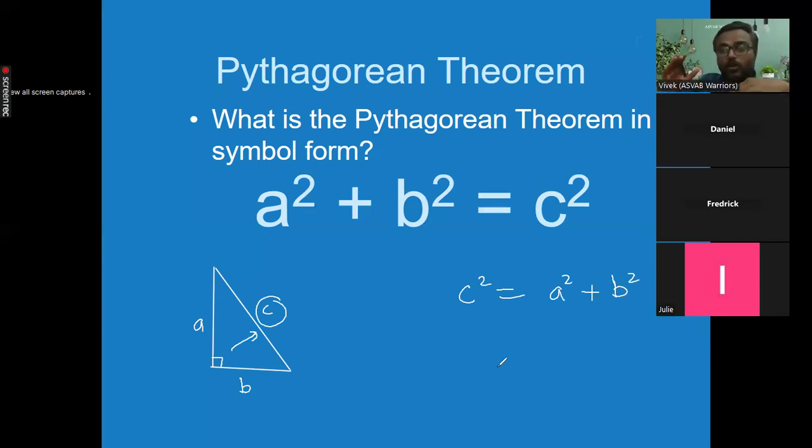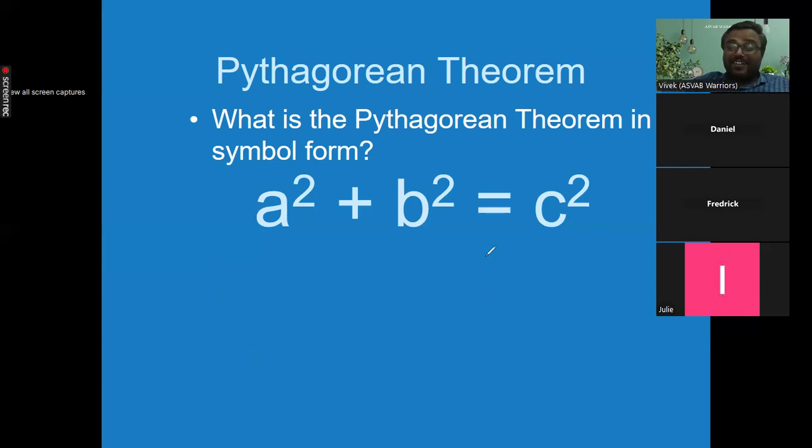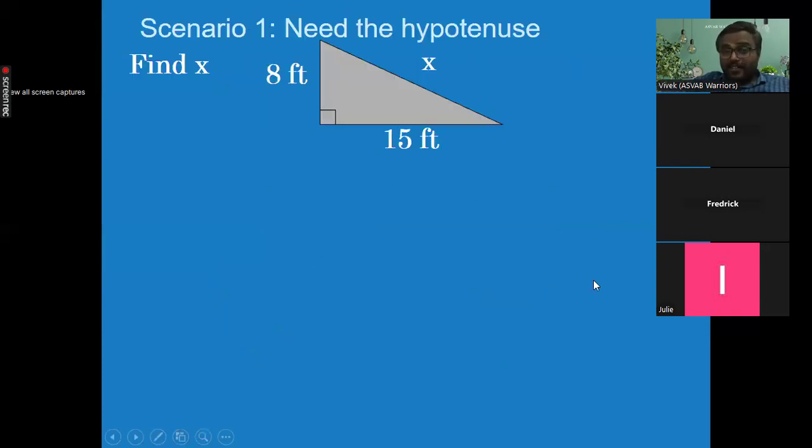And it does not matter which is A or B. You can even interchange them. So A squared plus B squared should be equal to C squared whenever it is a right angle triangle.